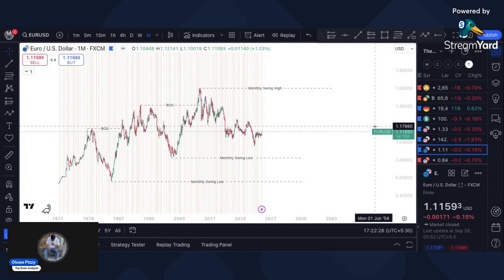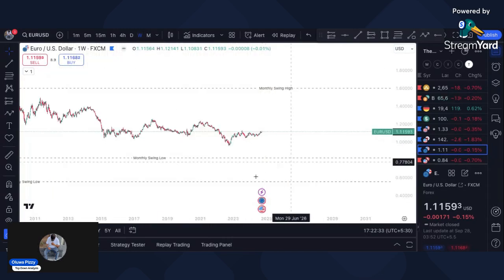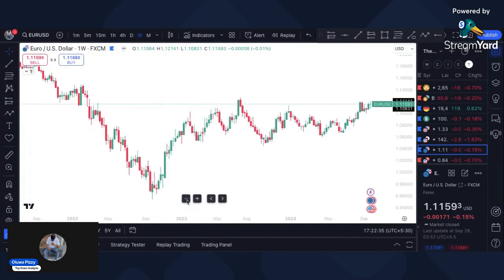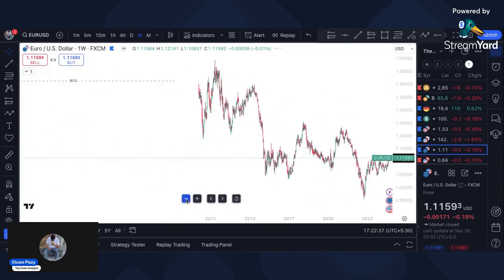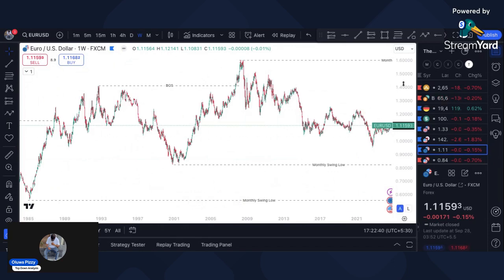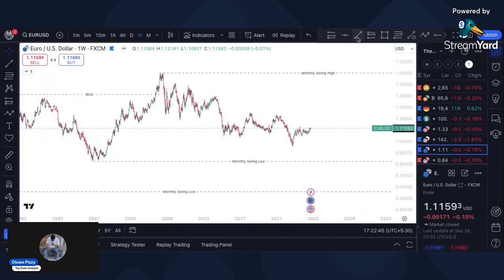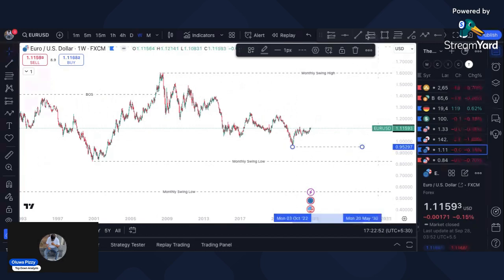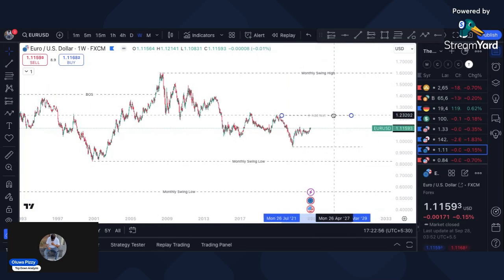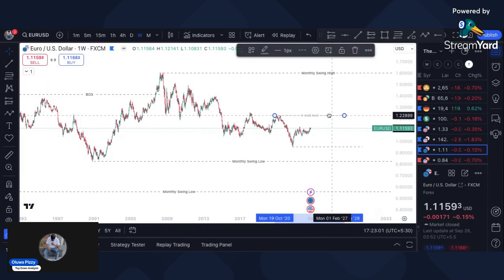So let's drop down to the weekly time frame. On our weekly time frame, you see this is our recent low on the weekly time frame, and this is our recent high on the weekly time frame.